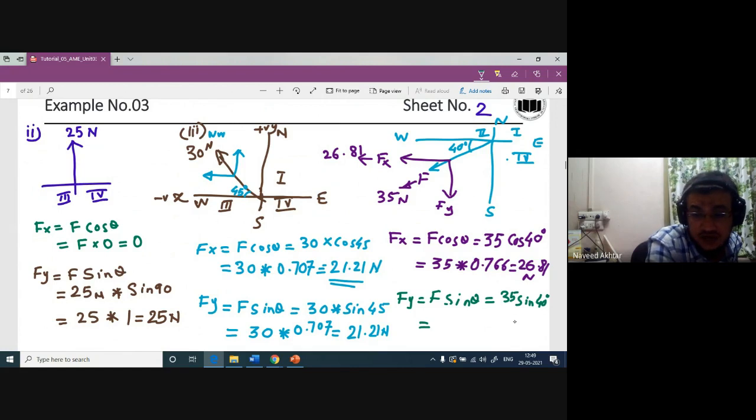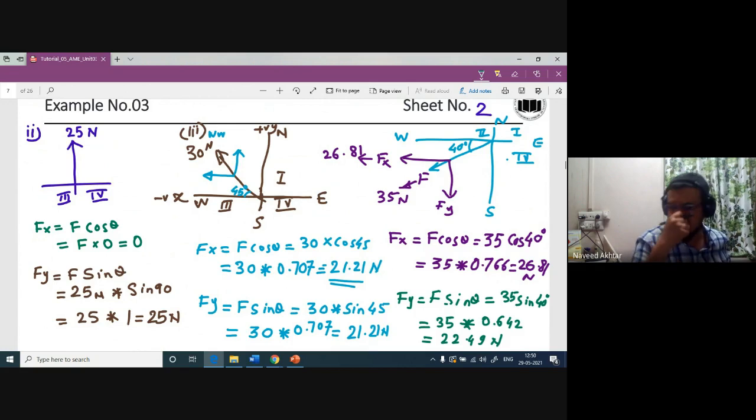So it is 35 into 0.642, and the fy value multiplied with the force 35 you will get 22.49 Newton, which is the vertical component of the two orthogonal components fx and fy of this example.